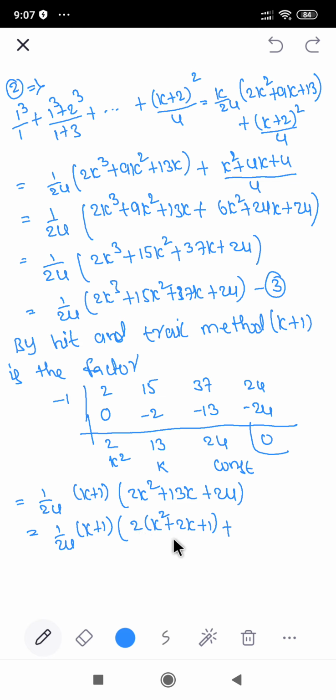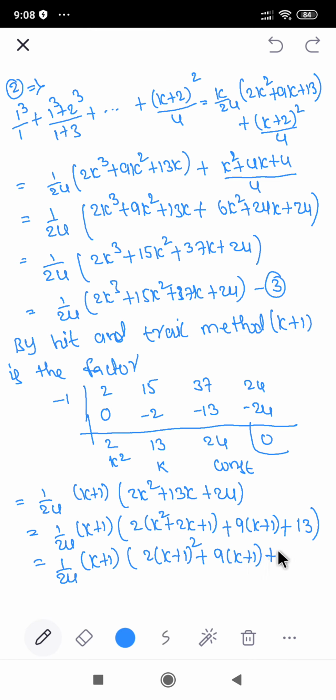Out of 13 k's, 4 k's are used, the remaining 9 times k plus 1, plus here 2 are used, 9 plus 2 is 11, so the remaining value is 13. Therefore 1 by 24 into k plus 1 into this can be written as 2 times k plus 1 whole square plus 9 times k plus 1 plus 13. Therefore n is equal to k plus 1 is true. Hence equation 1 holds.